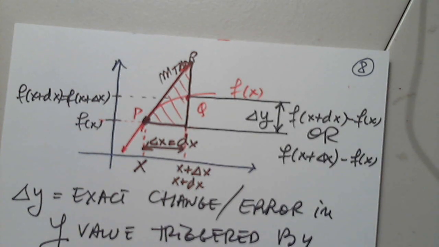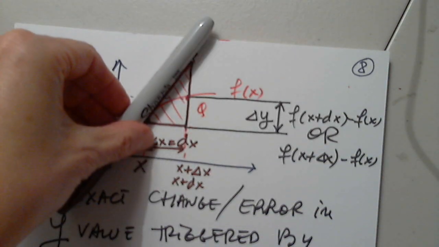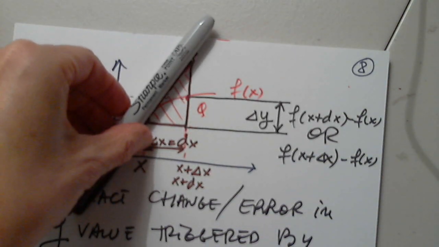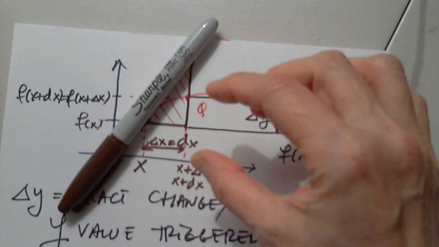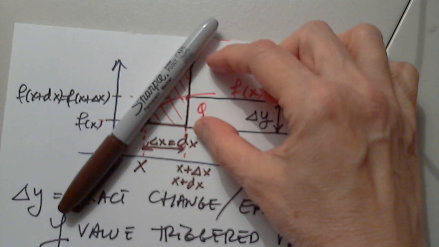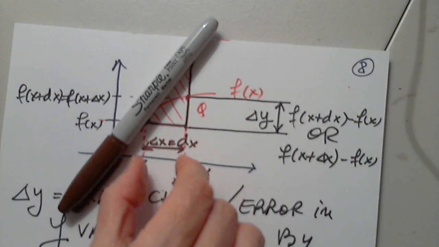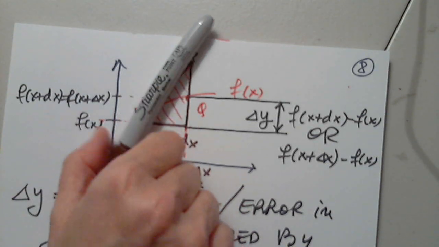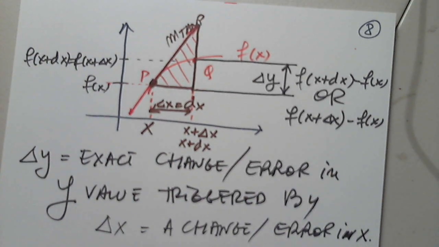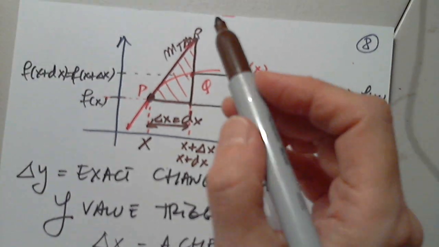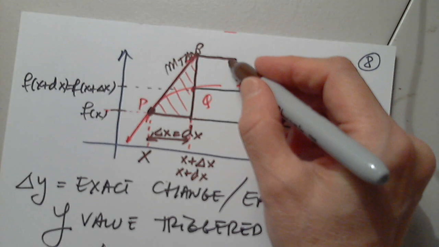What will be the slope of this line based on the triangle? It will be rise over run. Stay with me. I already know that the run is dx. I'm trying to identify this.